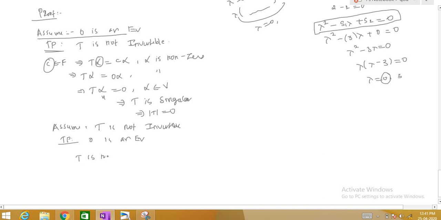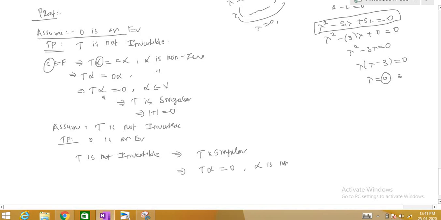That means T has to be a singular transformation, right? So T is singular. What does T singular mean? Non-zero vectors are mapped to 0.